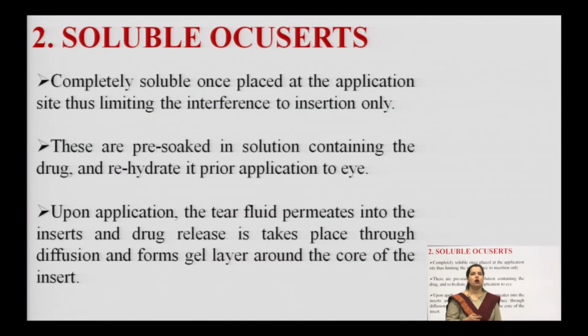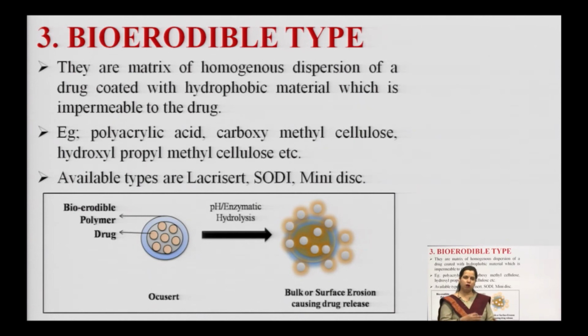Now, we will discuss the third type, the bioerodible type. Bioerodible Ocuserts are basically a matrix of homogeneous dispersion of a drug coated with a hydrophobic material which is impermeable to the drug, right. You see this picture, these are the matrix of homogeneous dispersion of drug coated with hydrophobic material.